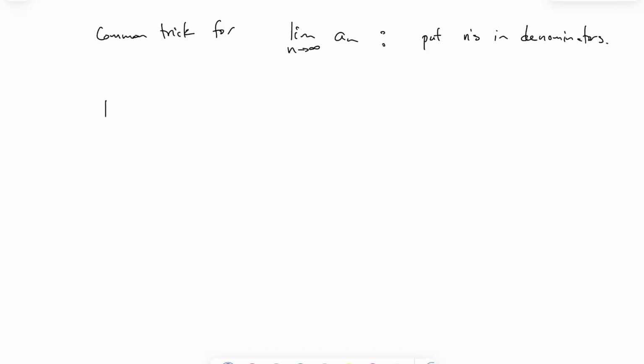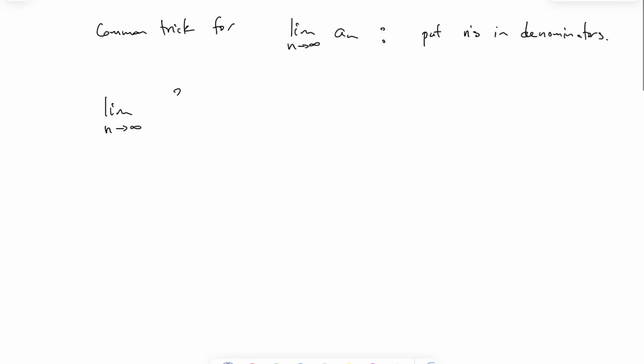So I'm referring to a trick which I'm sure you're familiar with. Something like if I have the limit as n goes to infinity of (3n squared plus 2n minus 7) divided by (8n squared plus 2). It is a similar trick that you would use with continuous functions.